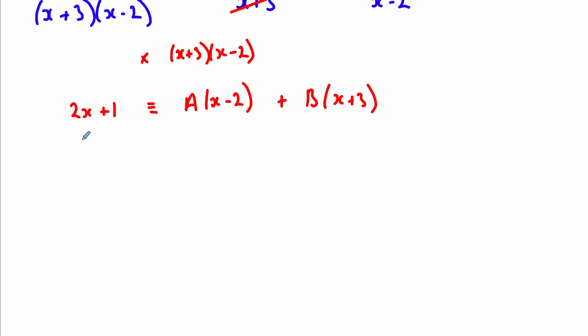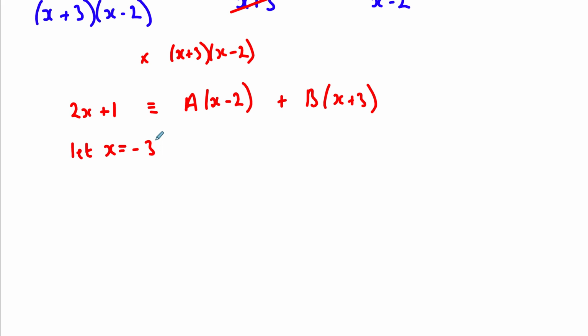So now we're going to use the fact that this is an identity, and as we said earlier, that means the left hand side is equal to the right hand side for every single value of x. What I'm going to do is set x to be a particular value that's going to allow us to work out a, and then another value that's going to allow us to work out b. I'm going to start off by letting x equal minus 3.